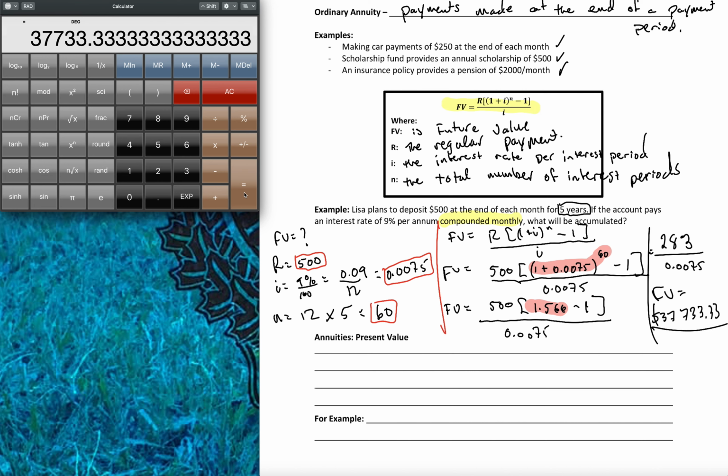That's what the future value is going to have. So then you could say Lisa will have $37,733.33 after 5 years if she puts $500 into this account, okay, every month.